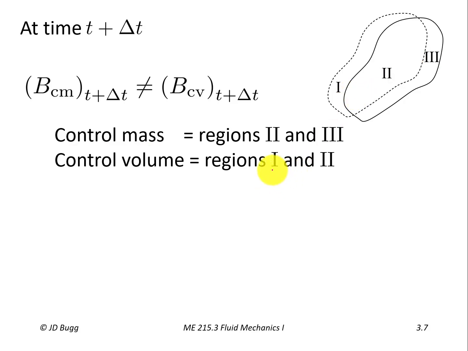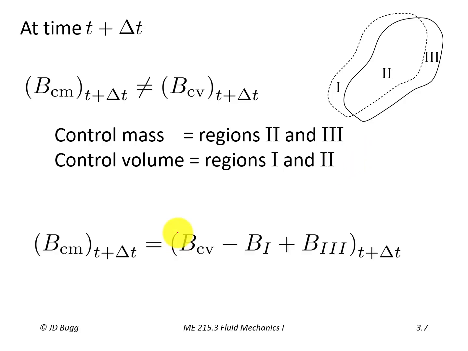Whereas our control volume consists of regions 1 and 2. Everything inside of this dotted line is region 1 or region 2. So control mass is 2 and 3, control volume is 1 and 2. We can start to relate the control mass and control volume by identifying these regions.